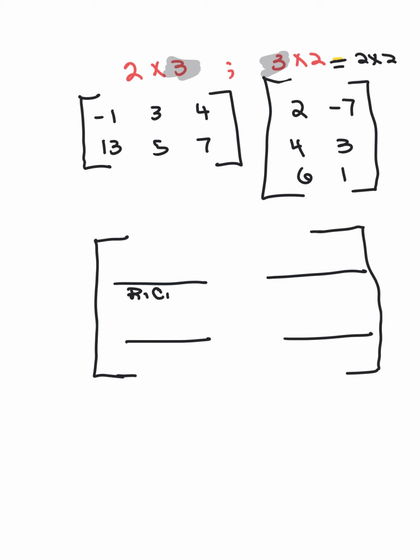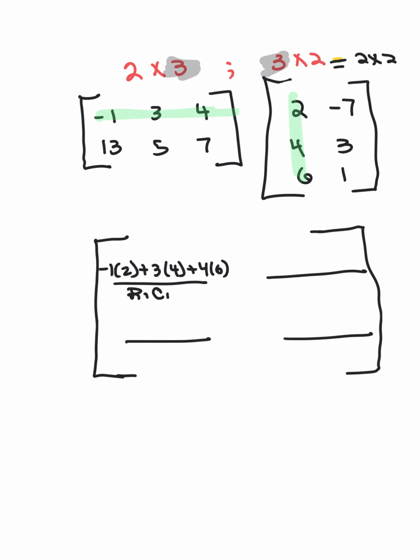When I do that, I'm going to have -1 times 2 plus 3 times 4 plus 4 times 6. So when we're multiplying that row and column, we're multiplying those corresponding elements: the first times the first, second times second, third times third, and we're adding those together.